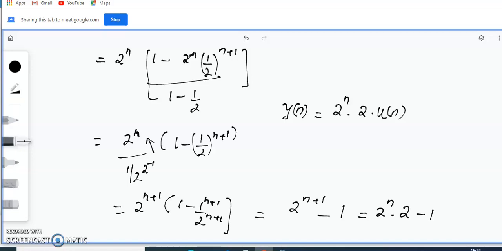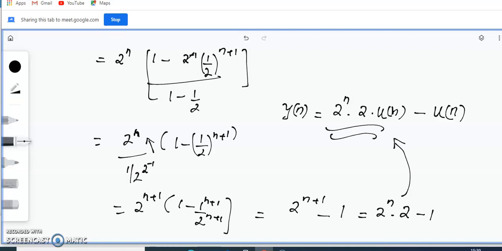The value of u of n is 1. So multiplying by it does not change the value. Minus again there is a 1 here, isn't it? This is what we rewrite: the minus 1 I again write as u of n. Okay, because the value of u of n is 1. The only thing is that n should be greater than 0. In all our equations we already have n greater than 0. So you can simply replace like this.